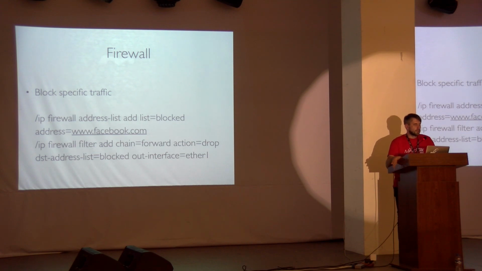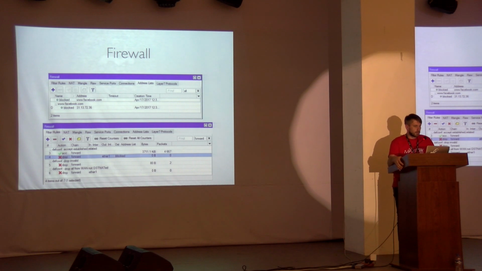You add the necessary address to the address list, and the MikroTik firewall together with the DNS cache resolves all addresses that are used by the specific DNS name and puts all of those addresses into the address list.